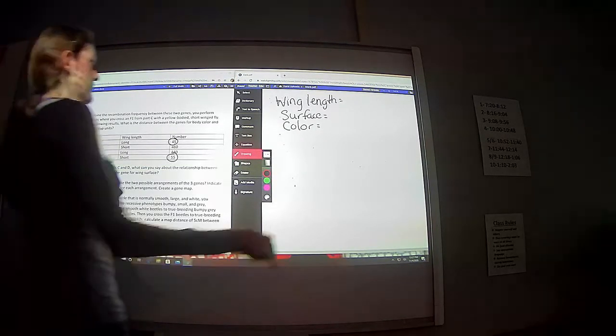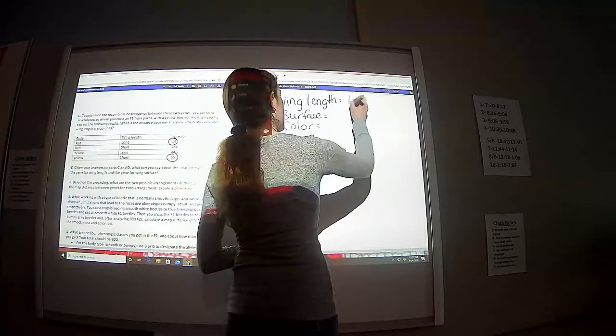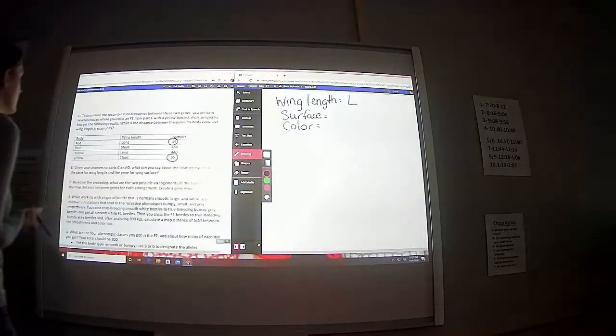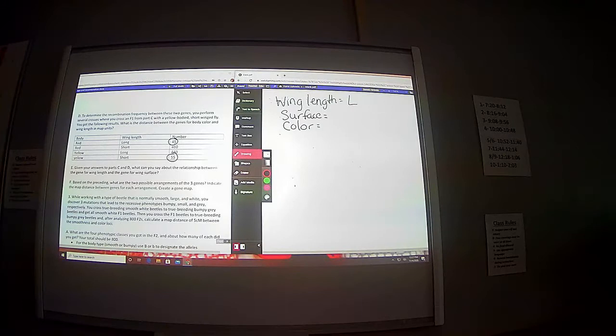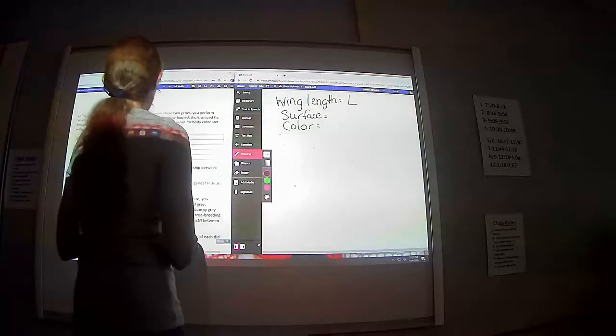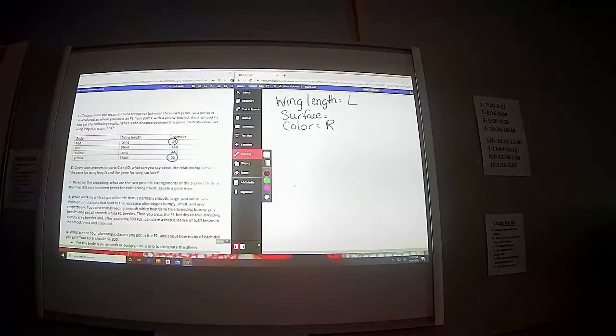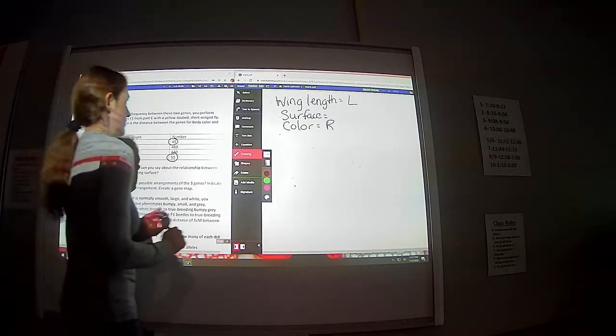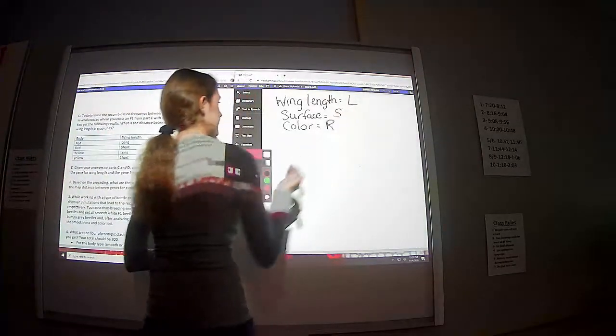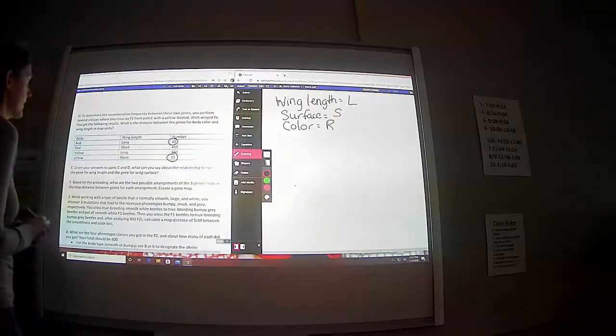So wing length, we're going to use the L. For color, we use an R, and for the wing surface, we'll use an S.